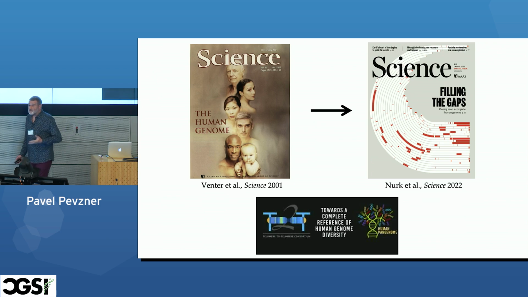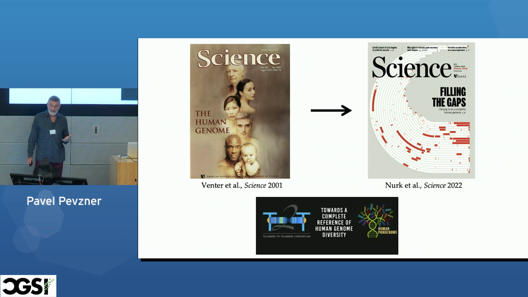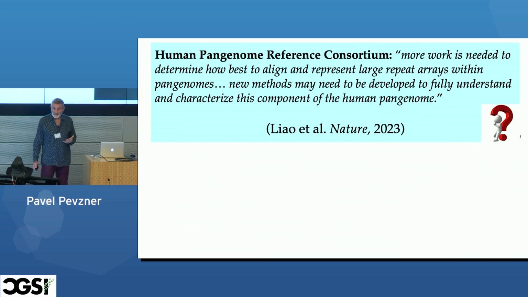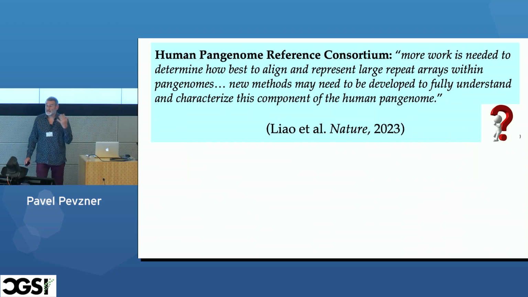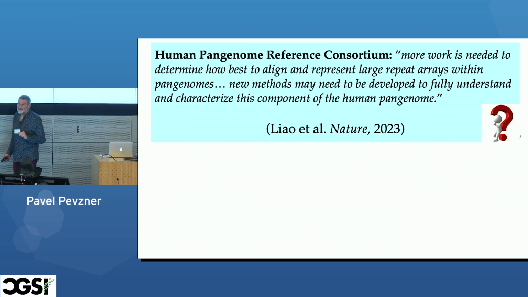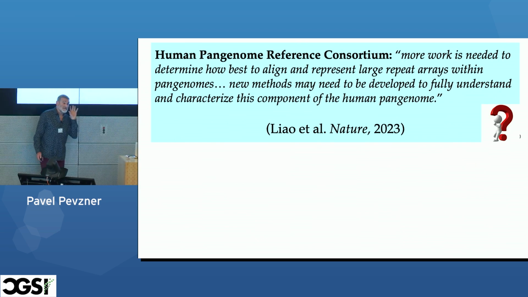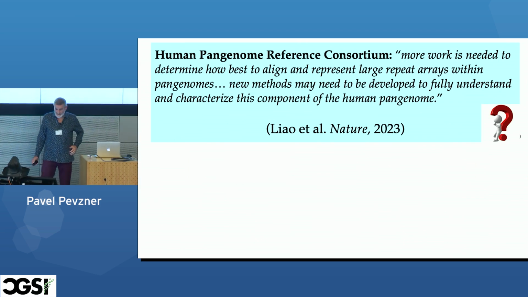And now there is a project to sequence hundreds of complete human genomes. And when the telomere-to-telomere community was faced with analyzing the genomes, that's what they wrote in the first pan-genome paper last year: "More work is needed to determine how best to align and represent large repeat arrays within the pan-genome.